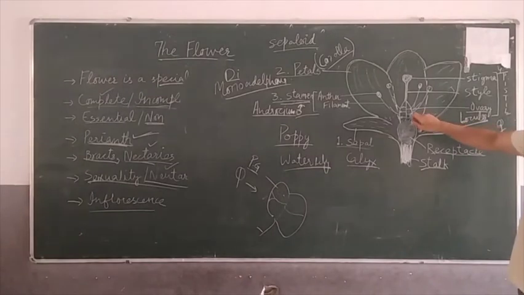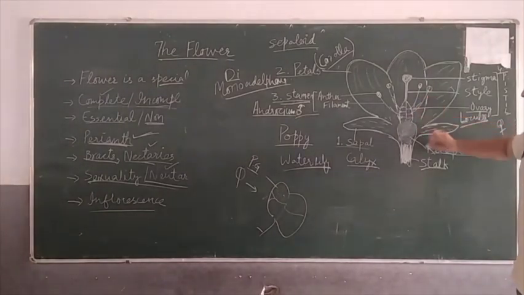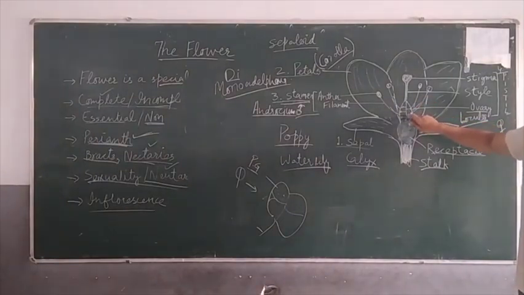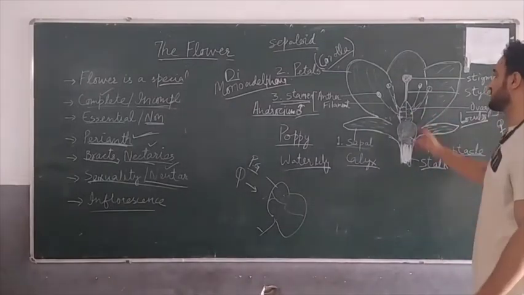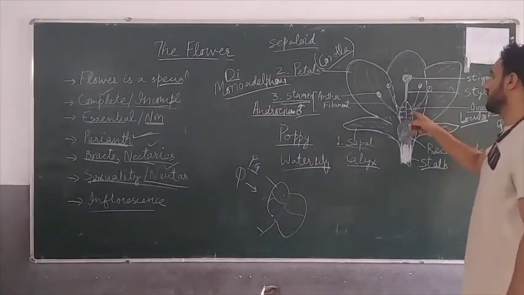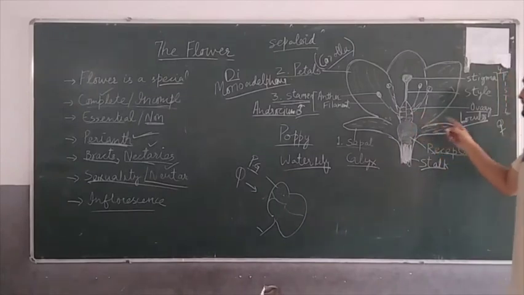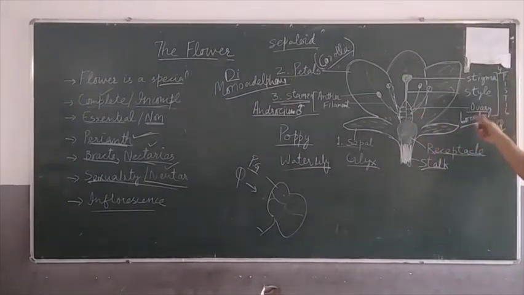These ovules, or female gametes, are present inside each locule of the ovary and are connected to the wall of the ovary by the placenta. And since ovules are the female gametes, or egg, present inside the pistil, that's why we call the pistil the female part of a flower.